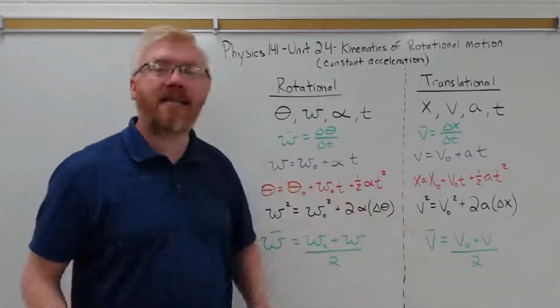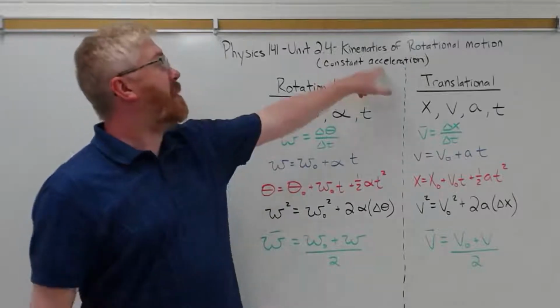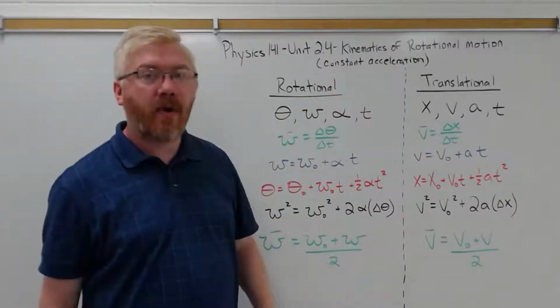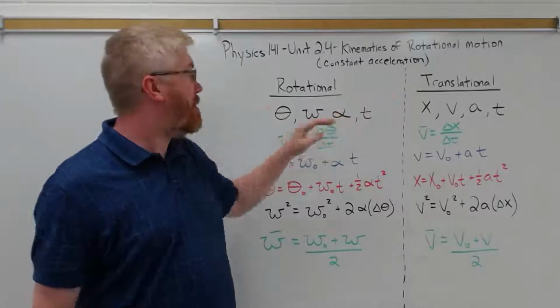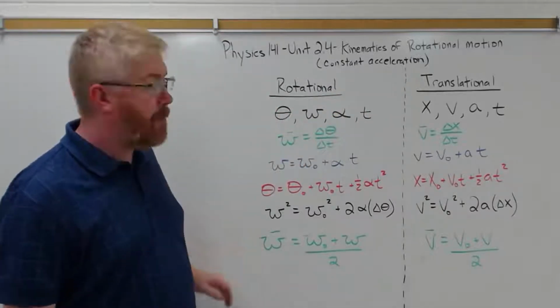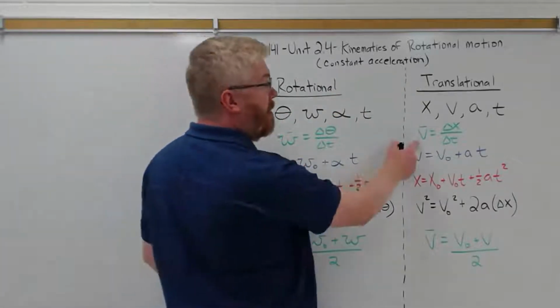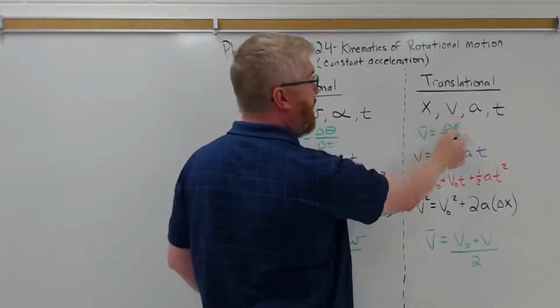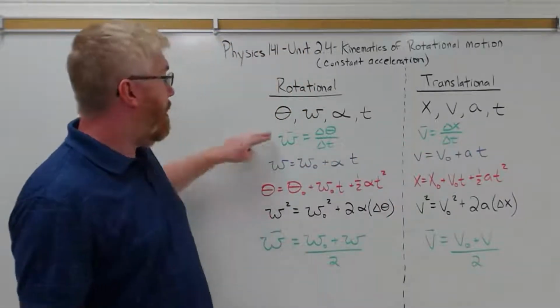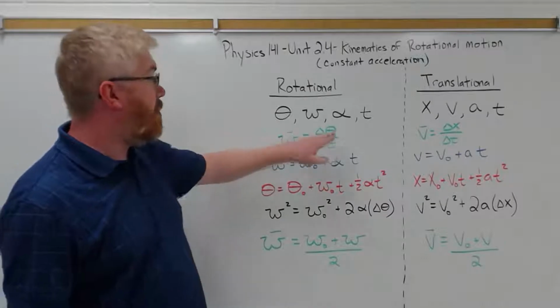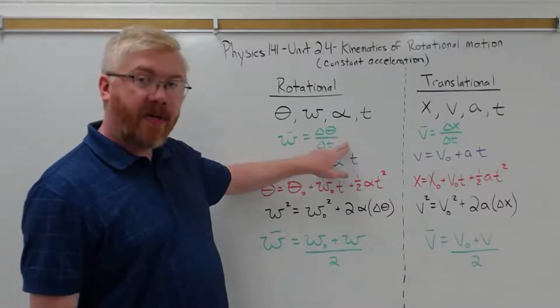So these are constant acceleration equations, both constant linear acceleration for the translational equations and constant angular acceleration for the rotational equations. So the average velocity was equal to the displacement over time. The average angular velocity is equal to the angular displacement over time.